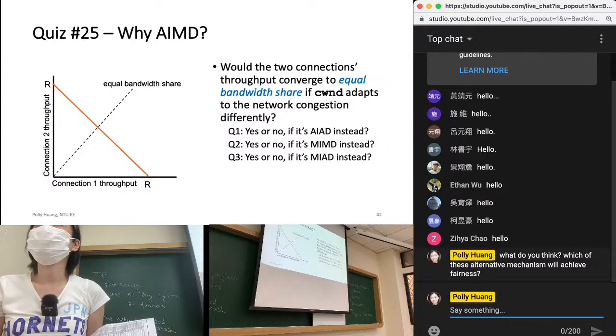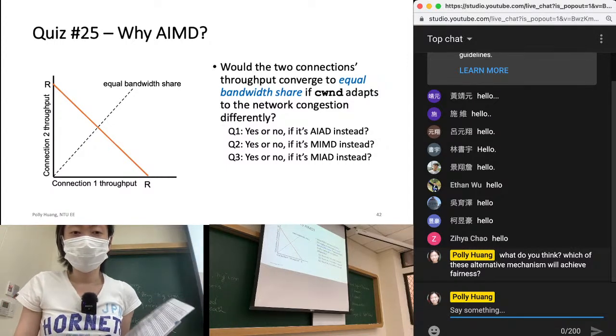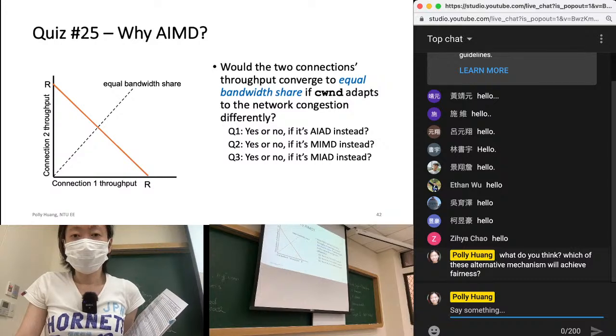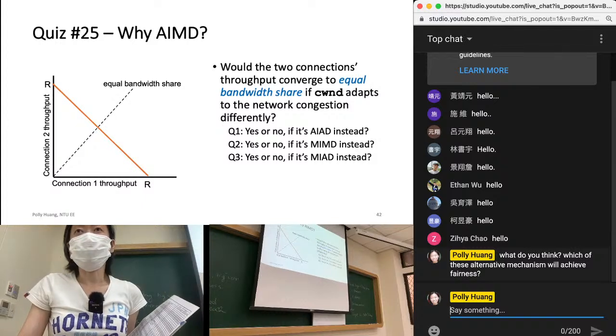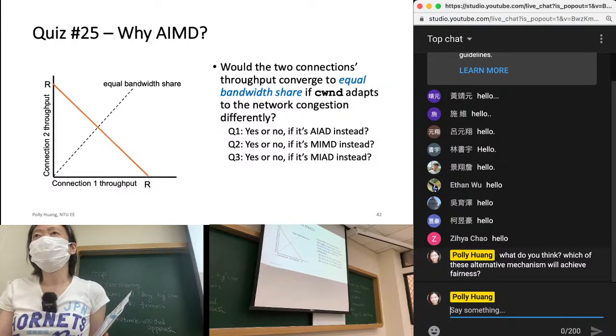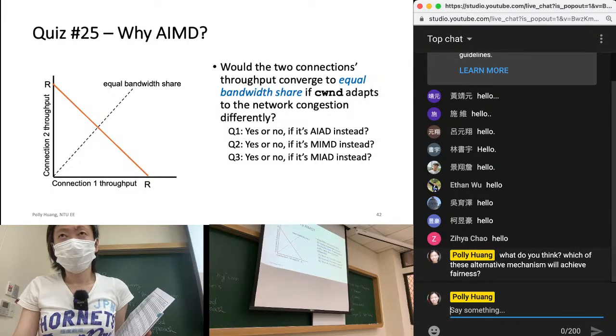The AD means that if loss happens, it will cut one, the same way it's being increased.